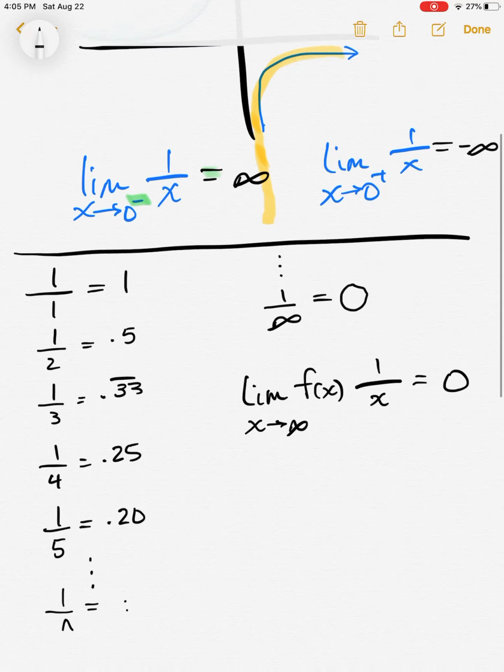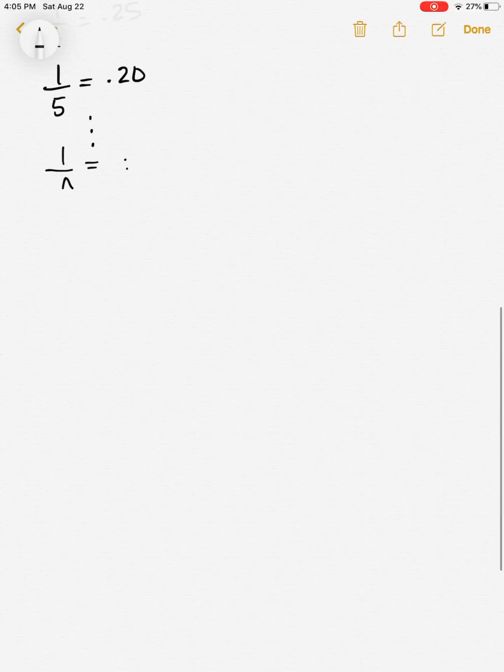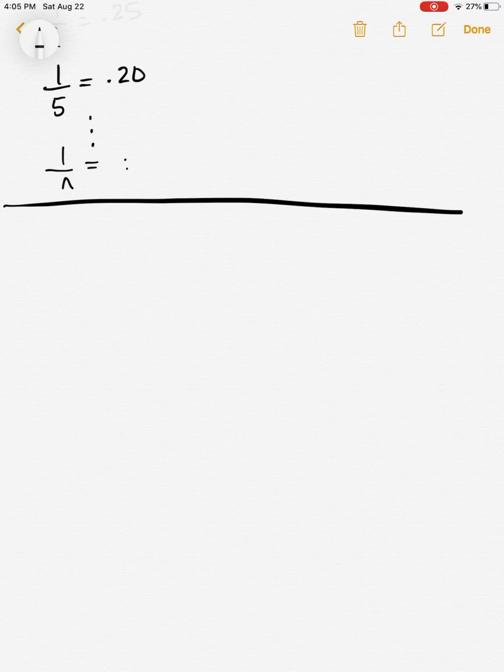Now, let's pull some smoothness from Precalc, some degree information.